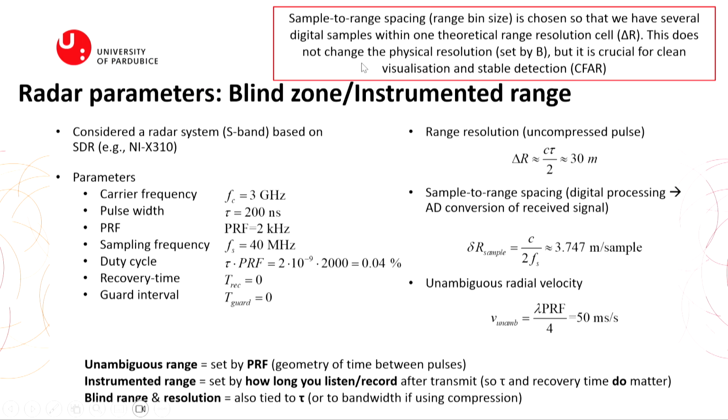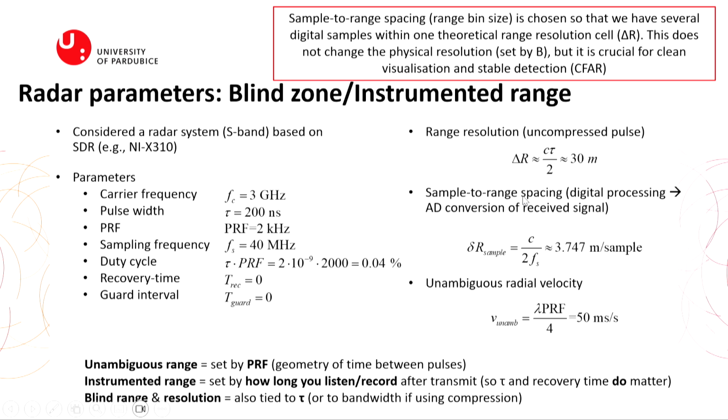This does not change the physical resolution. It is just multiple samples in one resolution cell. So the physical resolution is set only by the bandwidth of the pulse. So be careful about this. Not by the length of the pulse, by the bandwidth. We derived these things yesterday.